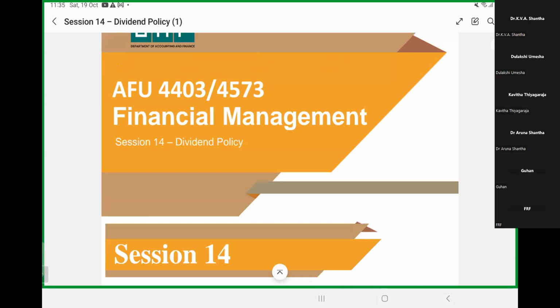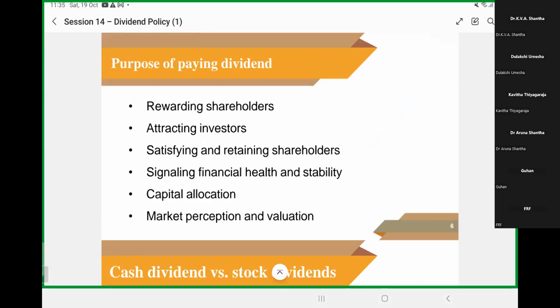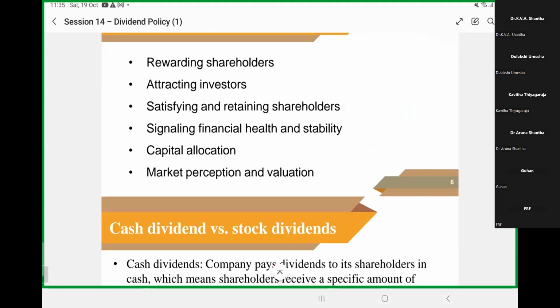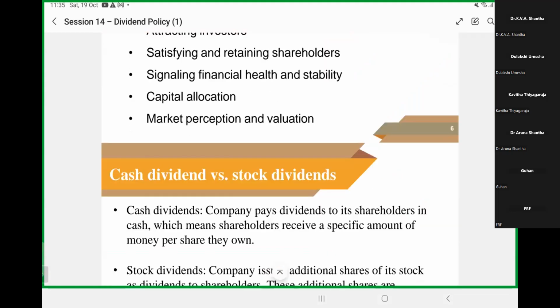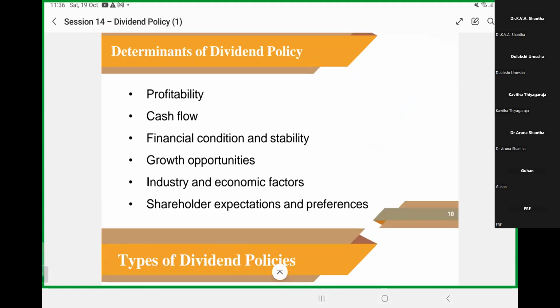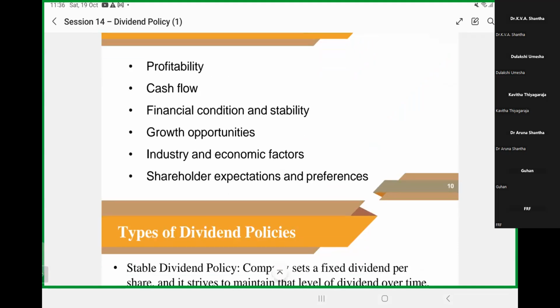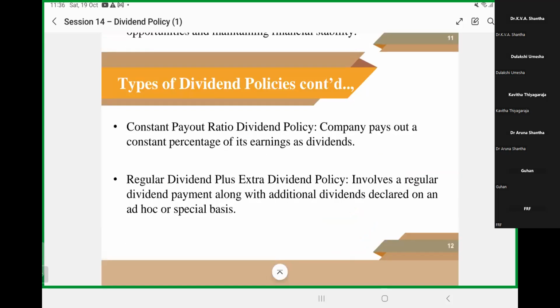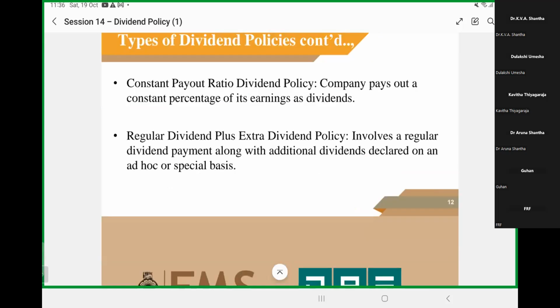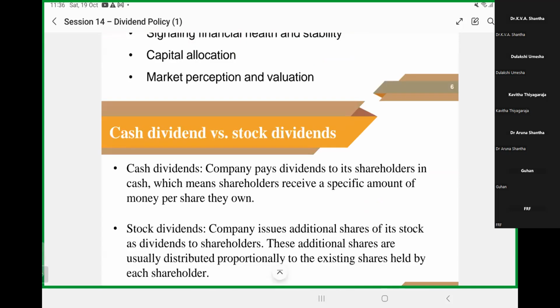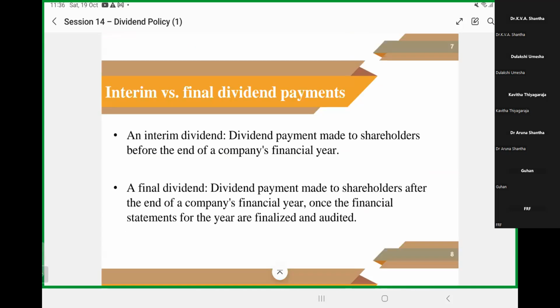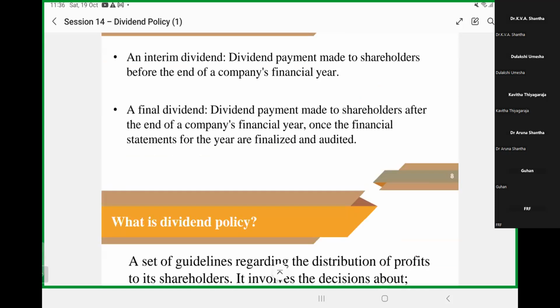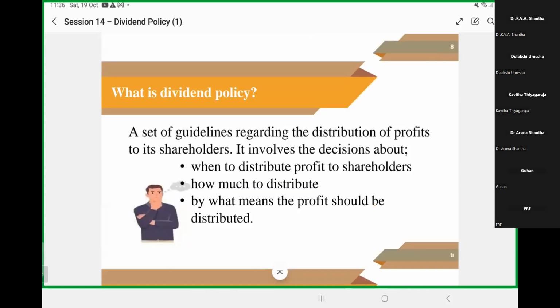You studied about the meaning of dividend, purpose of paying dividend, different types of dividend like cash dividend, stock dividend, interim dividend, final dividend, determinants of dividend policy, different types of dividend policies. So you have got that basic understanding in session 14.